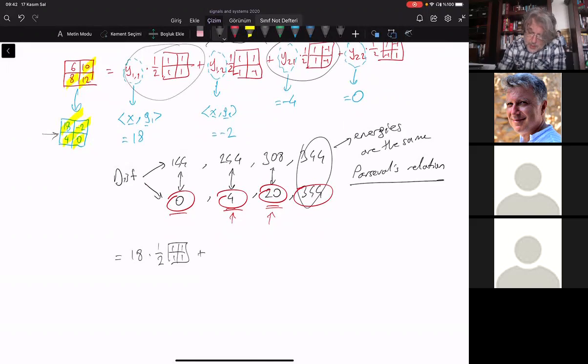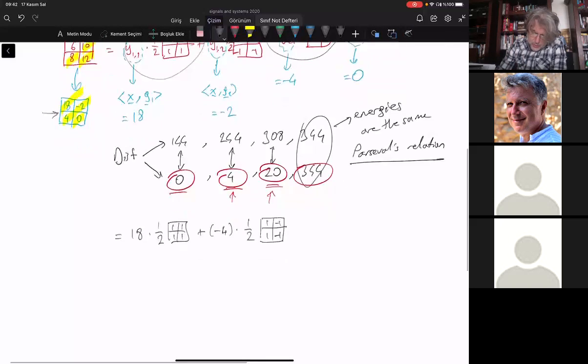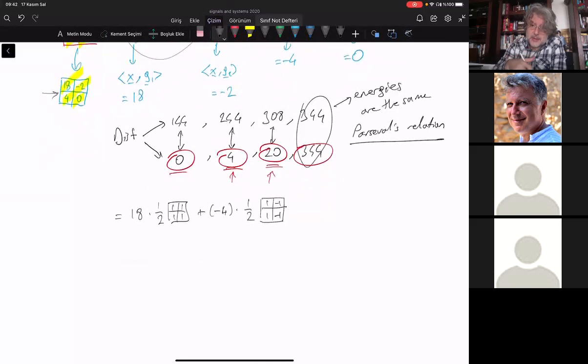Plus y21, which is -4 times 1/2 times 1, 1, -1, -1. And the others are 0. We chop them off. So what is the image that is reconstructed from here? First of all, it is 9 times 1, 1, 1, 1 -2 times 1, 1, -1, -1.